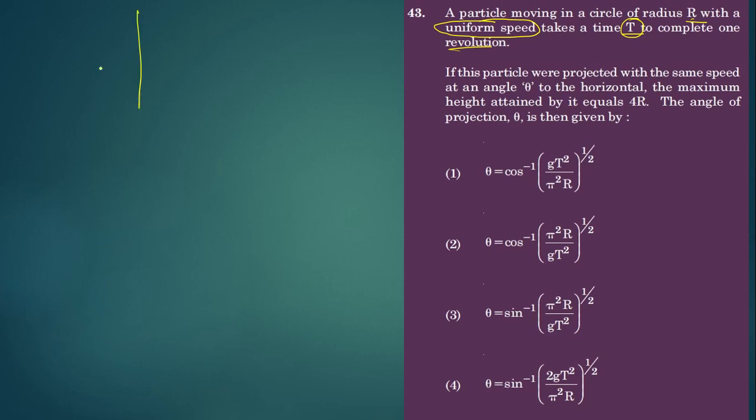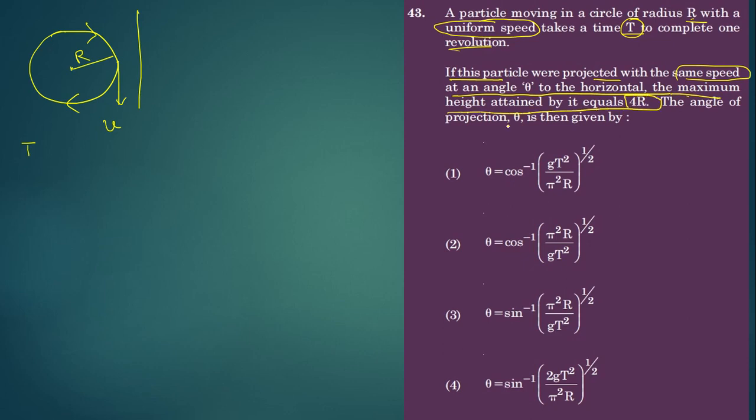So I will simply write it like this, that object was moving with a certain radius r with a certain speed. Let's say the speed is equal to v and the time period is equal to t. And then the second para says that if this same particle were projected with the same speed as it was rotating in the circular motion at an angle theta with the horizontal, then the maximum height attained by it is 4 times the r.